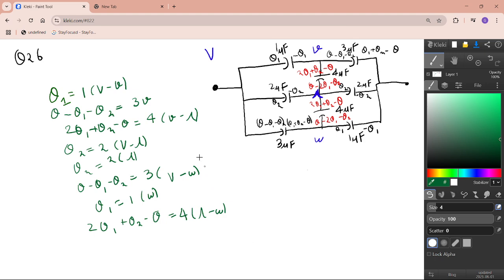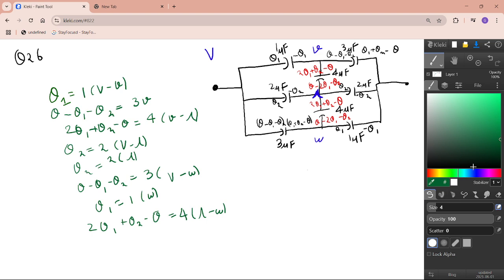Let me just verify them. 2Q1 plus Q2 minus Q is 4V minus lambda. Q2 is equal to 2V minus lambda. Q2 is 2 lambda. Q minus Q1 minus Q2 is 3V minus omega. Q1 is equal to omega. 2Q1 plus Q2 minus Q is equal to 4 lambda minus omega.